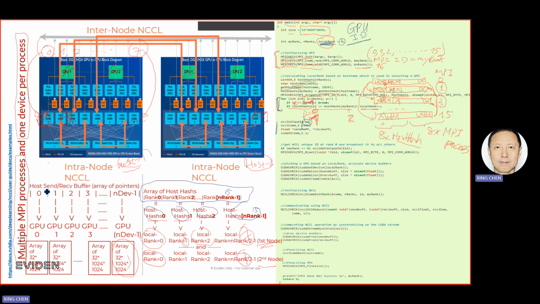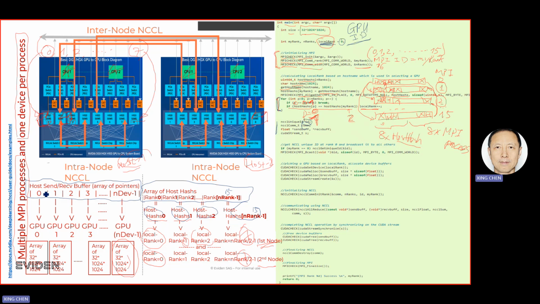The buffer we have discussed in the previous code is a one-dimensional array of pointers. You have 16 GPUs, so you are going to have 16 buffers, 16 elements.